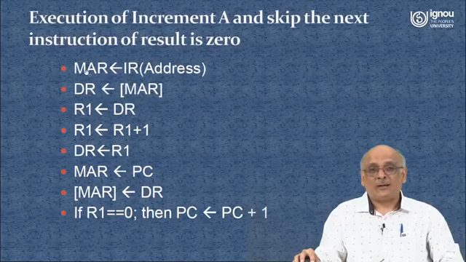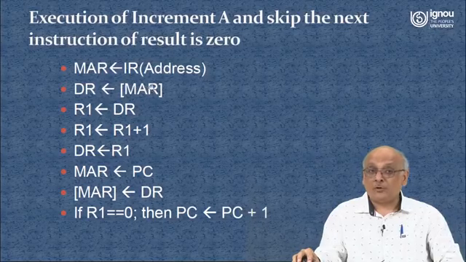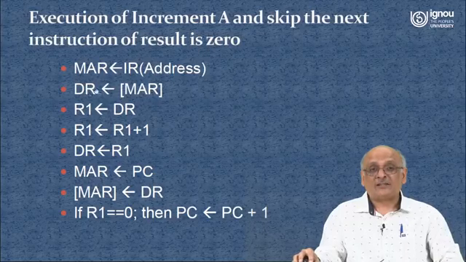You give that address to MAR and issue the memory read operation. The control unit will do that, but the micro operation is the reading micro operation: whatever is in the memory location, that was the operand location, is going to be brought into the DR register.